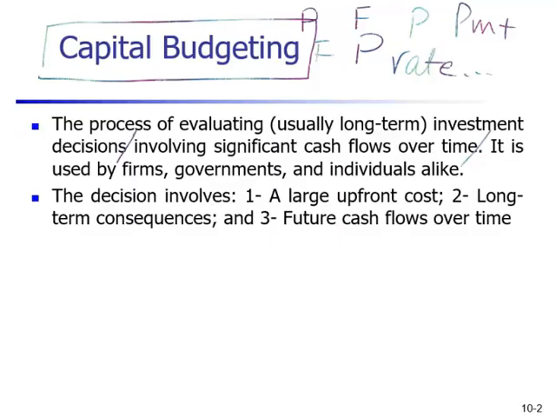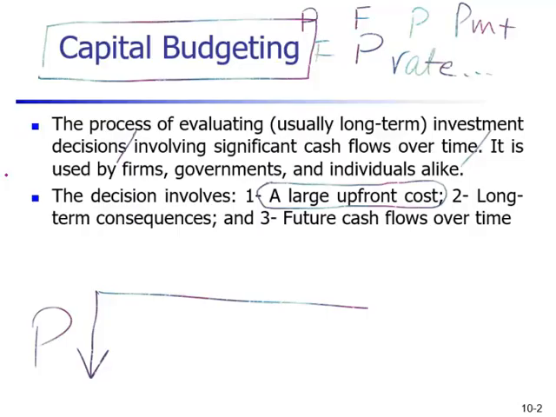About the other bullet that we have here, it says the decision involves a large upfront cost. You are very familiar with this type of thing. We practice these things a lot. A large upfront cost. If we consider it in a cash flow, it is that one. It is talking about that. Long-term consequences.